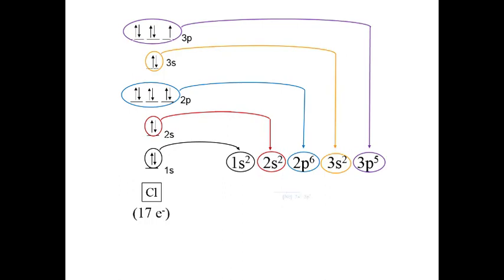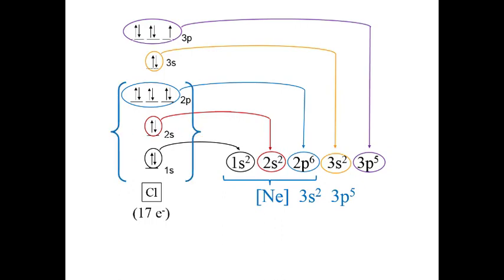When we write the noble gas abbreviation with neon in square brackets, we're simply using an abbreviation for the 10 lowest energy electrons. Note that the highest occupied orbitals, 3p, along with the 3s electrons, represent the valence electron configuration.